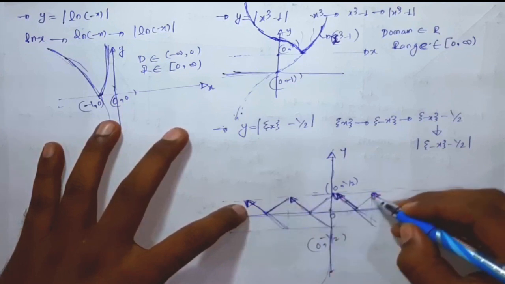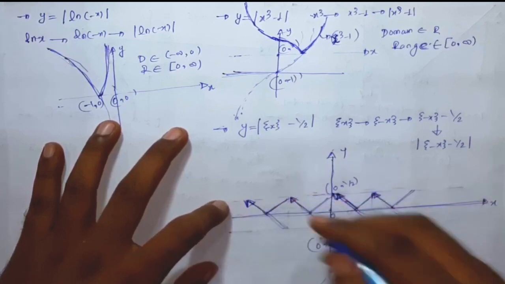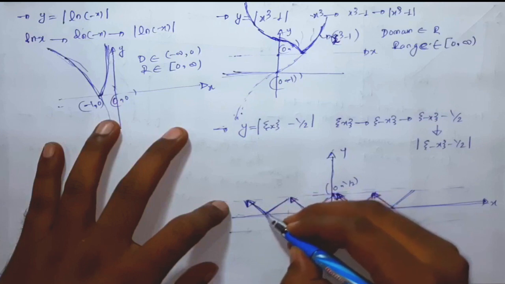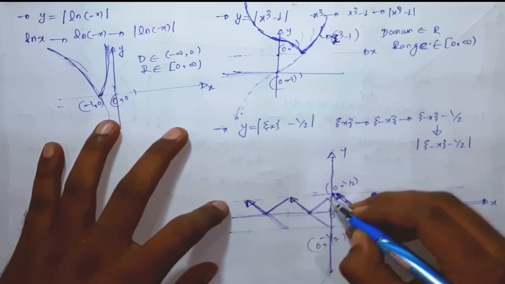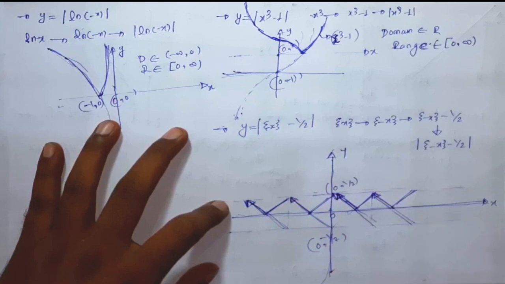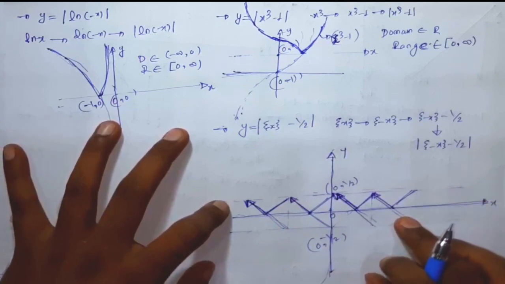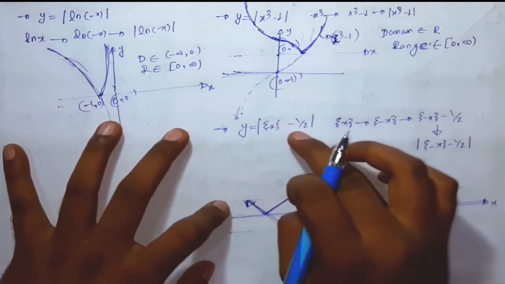Okay, so the final graph of our function will be like this. So this is how the graph of the modulus of fractional part of minus x minus 1 by 2 will look like.